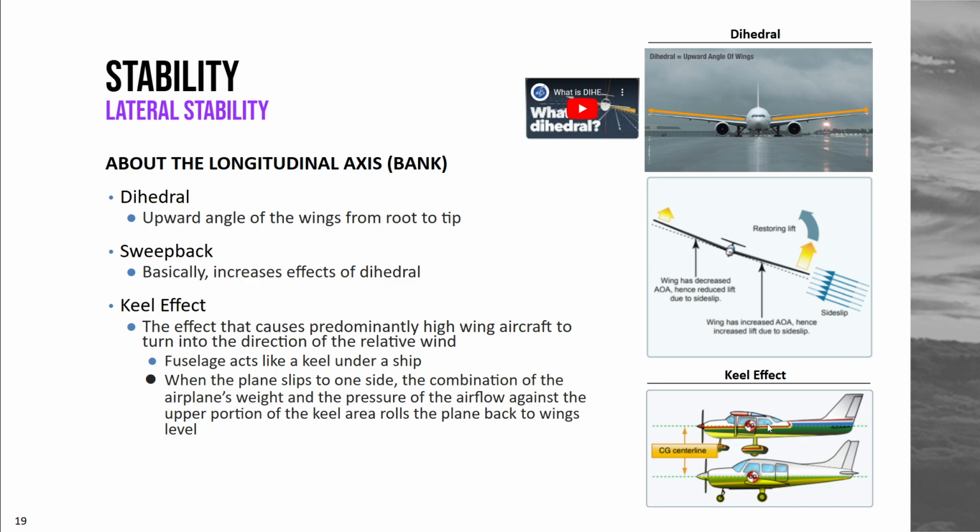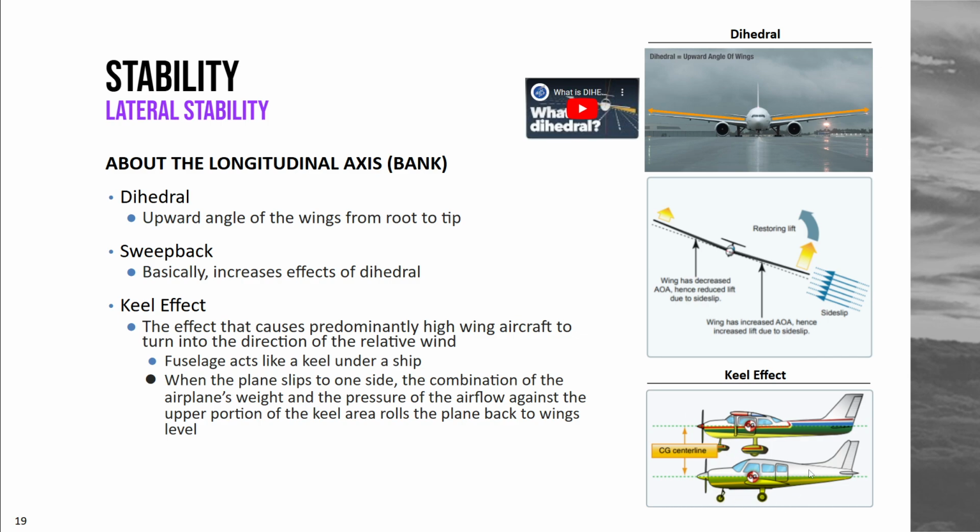The next is keel effect. Now, this is the effect that's predominantly on high-wing aircraft that rolls the aircraft into the direction of the relative wind. So our fuselage acts like a keel under a ship, and if that aircraft hits a gust of wind and it pushes it to one side, the combination of the aircraft's weight and the pressure and airflow against the upper portion of the keel or our fuselage will roll that aircraft back to wings level.